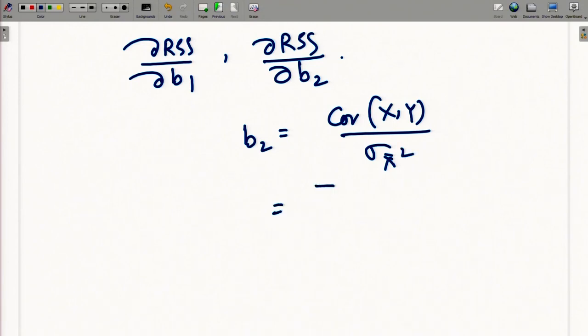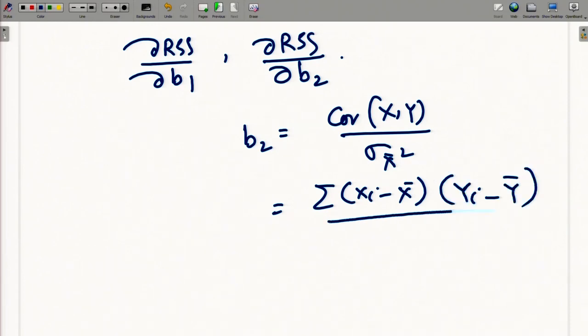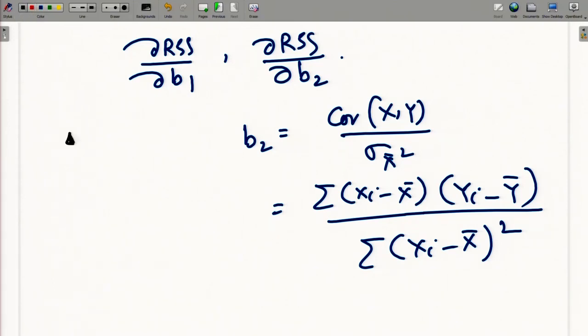If I expand it, it is the summation of (xi minus x bar)(yi minus y bar) divided by the summation of (xi minus x bar) square. And this way what I finally get is the regression line which I have been looking for.